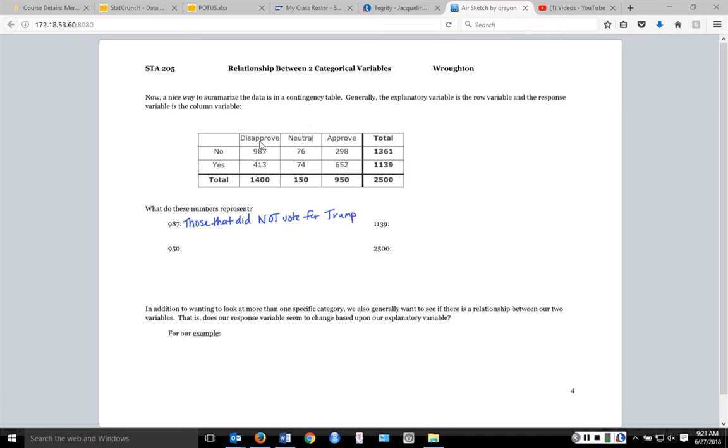And since they're in the disapprove column, they also disapproved of the president. All right, next, if I look at my 950, first to notice that's actually a total value. More specifically, it's the total of those that approved. So there was a total of 950 people that approved.